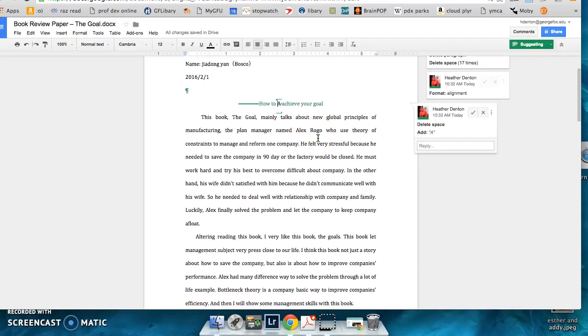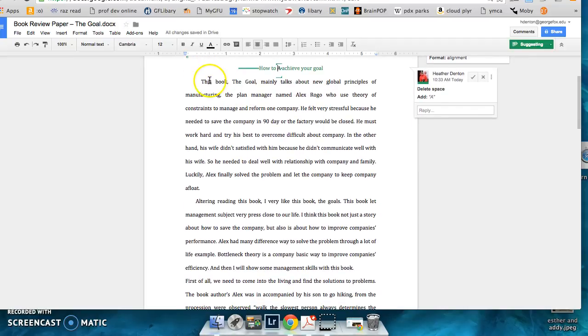Now if I was doing Screencast-O-Matic with the student, I would go through reading this and pointing out the areas where there was a problem. For example, this is our topic sentence, and let's read it through and see if we can create any suggestions. This book, The Goal, mainly talks about new global principles of manufacturing.